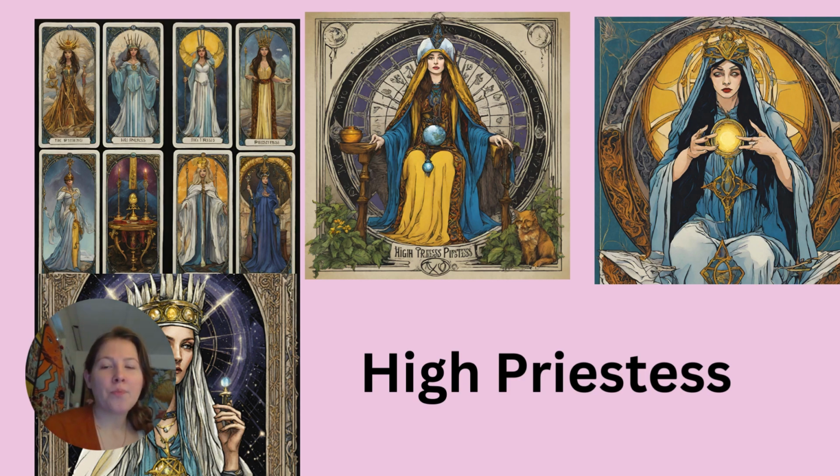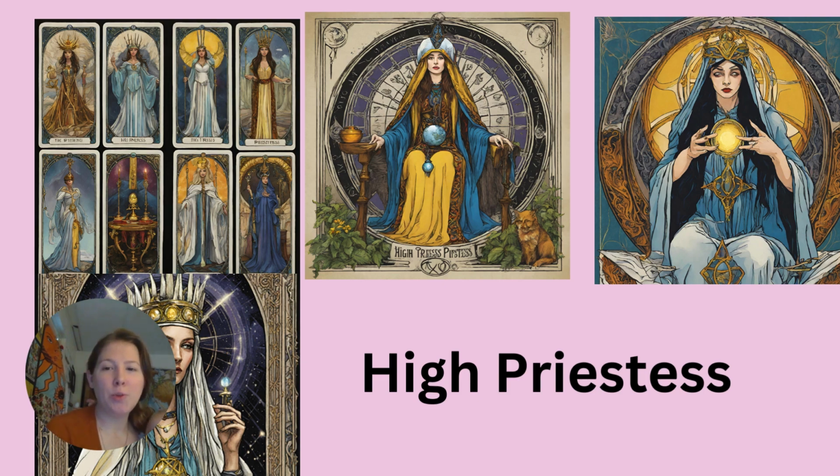You have on the top left here, 1, 2, 3, 4, 5, 6, 7 different versions of what the High Priestess can look like. And then you even have a picture here that almost defines what the High Priestess's altar would look like, right?